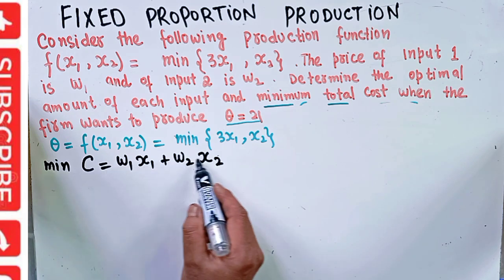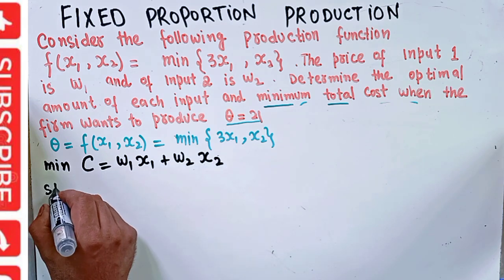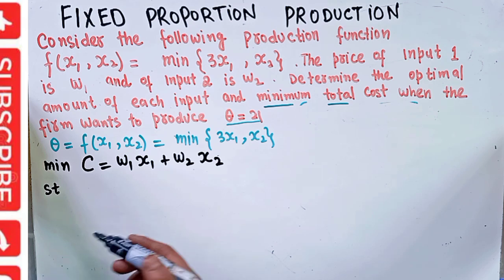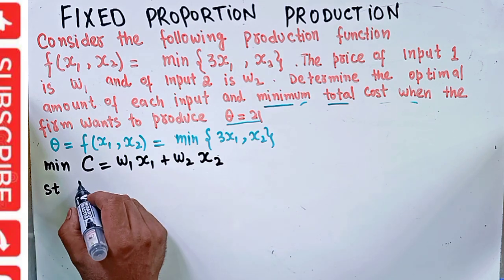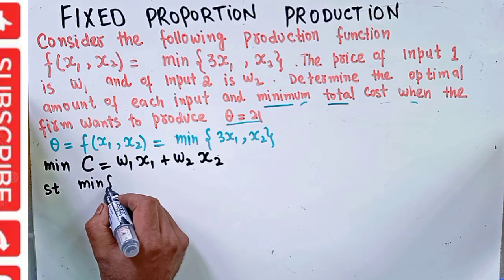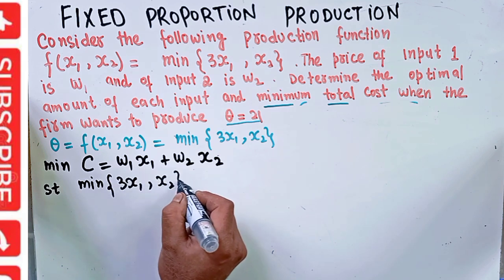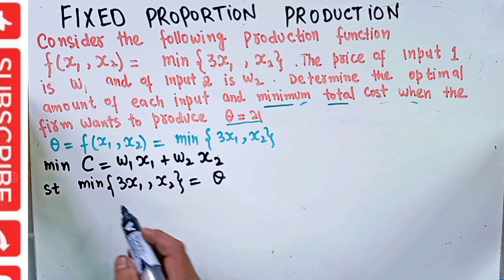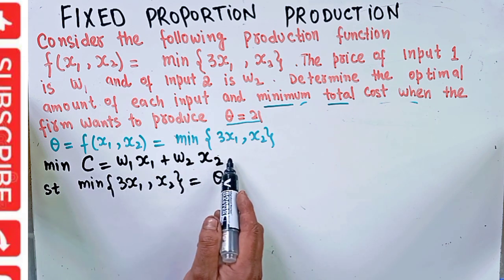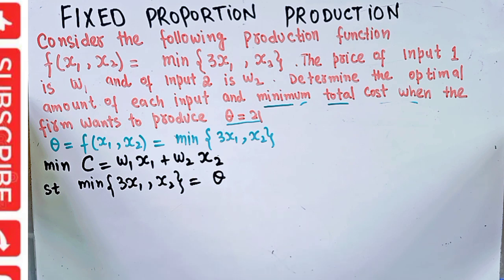We want to minimize this cost subject to the production constraint, that is minimum of 3x1 comma x2 should be equal to q.